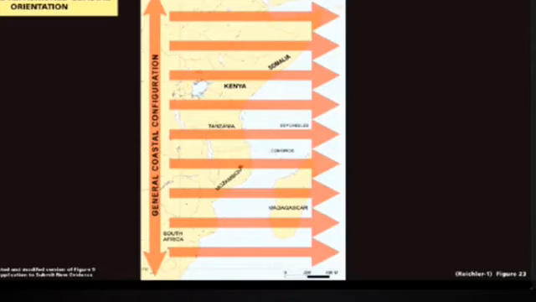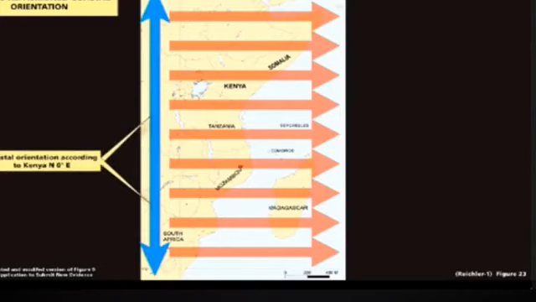What is blindingly obvious, despite all of the busyness on this sketch, is that to draw projections due eastward in parallel with a parallel of latitude, they invented a so-called coastal configuration, shown on the left, which does not even come close to representing the actual direction of the coast.